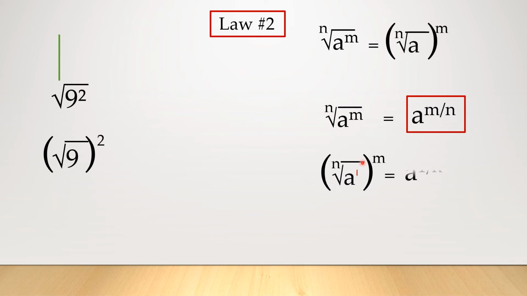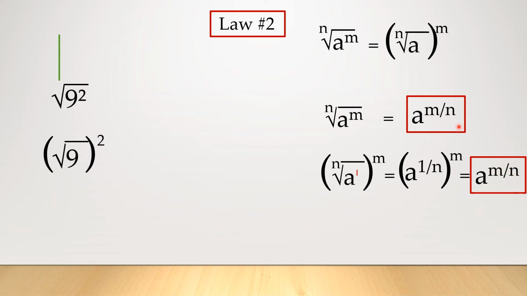And that is equal to a raised to 1 over n. The n here is the denominator and the exponent 1 is the numerator. Then I'm going to raise to m. If I'm going to raise to m, it means I'm going to distribute this. 1 times m is still m, over n. So that is still equal to a raised to m over n.